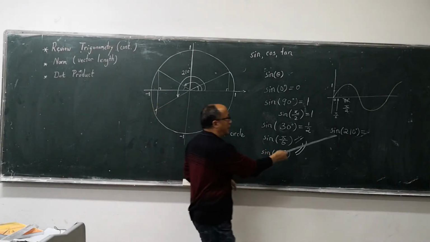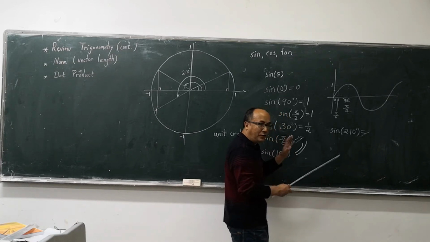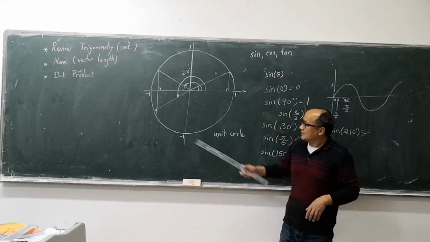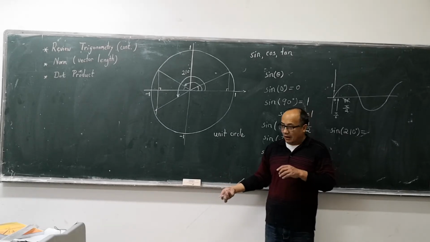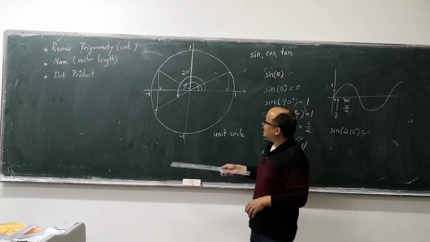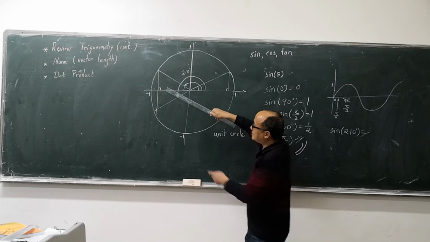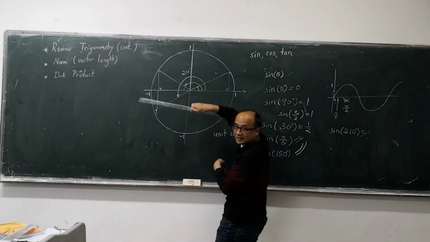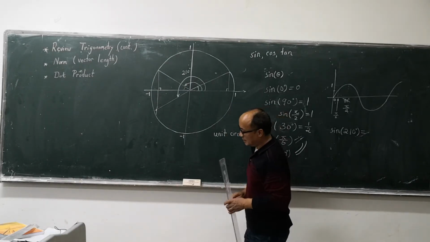What's the sign? Is that positive or negative? Very important. Negative, because it gets to the underground. And this length is actually the same as this length.